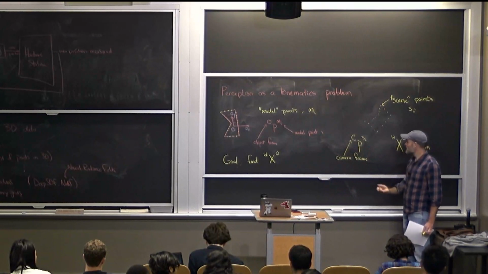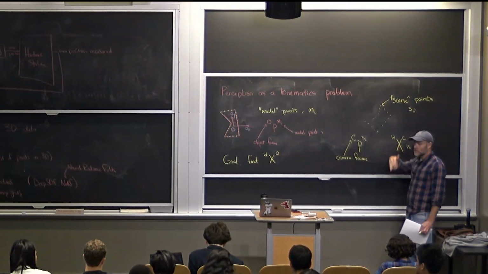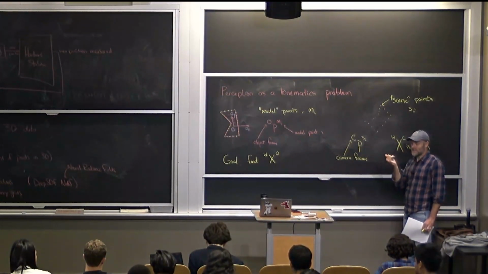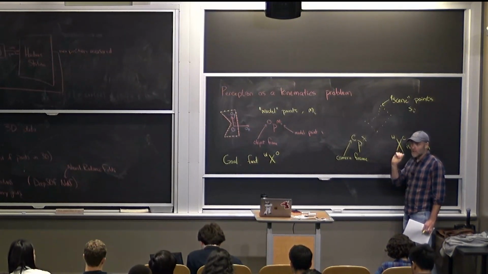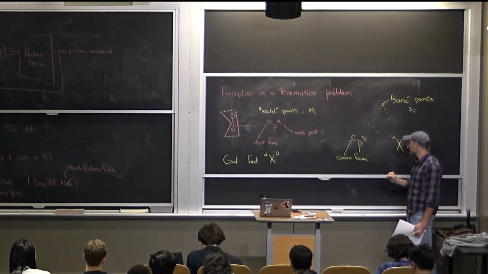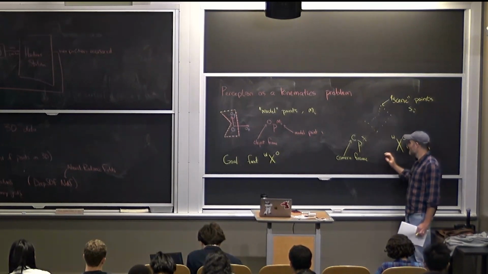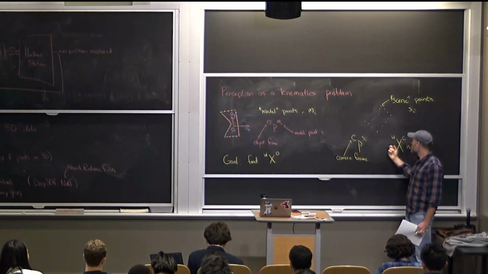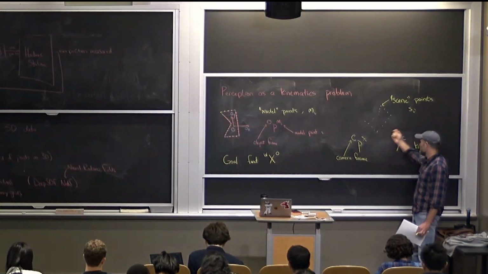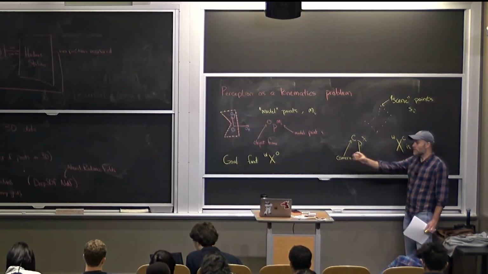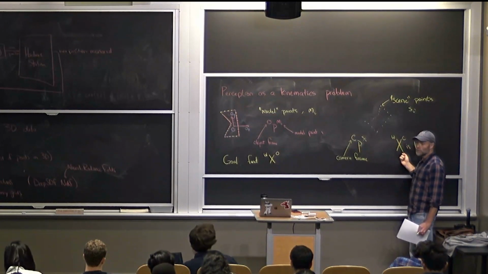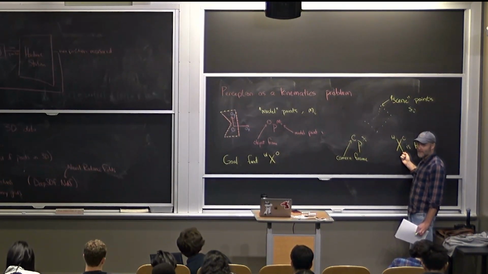Now, there's a couple steps involved in that. First of all, there are intrinsics in the camera. You have to take out any distortion from the lens. It's still a pain, but it's something we know a lot about. And then the other thing is the extrinsics, which is to take those points in the camera frame and bring them into the world frame, and that would be this X_WC.